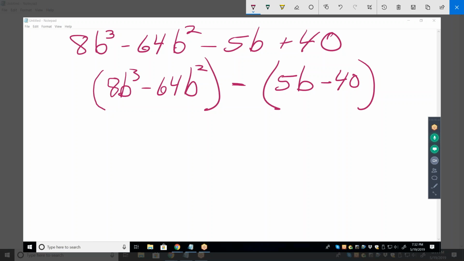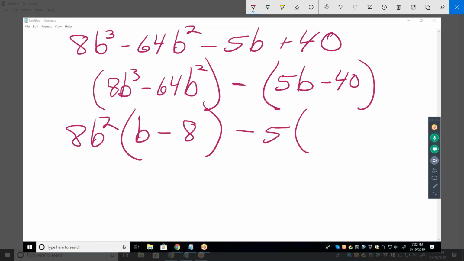Okay. Okay, now look at each set of parentheses and factor out the greatest common factor. All right, so it would be 8b squared, and then parentheses b minus 8, negative 5, parentheses b minus 8. Okay, now what?